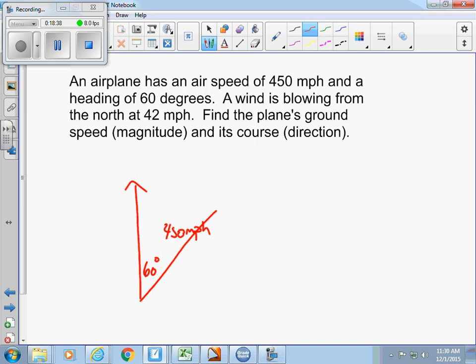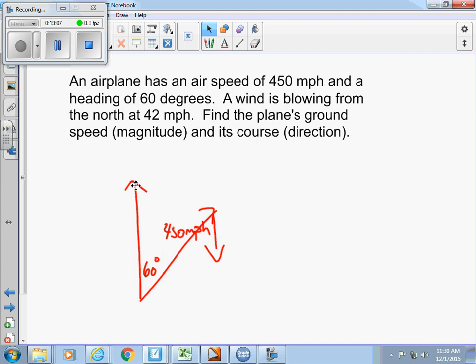Okay, and the wind is blowing from the north. So what's that mean? So I have a vector that looks like this. Now, where am I going to put it? Tail with the other one. So you have the resultant vector. You could also draw a parallelogram. Did anyone pick the parallelogram option yesterday on homework?